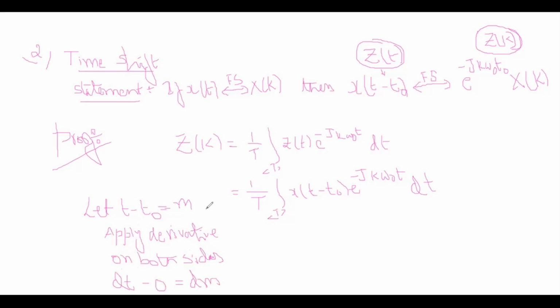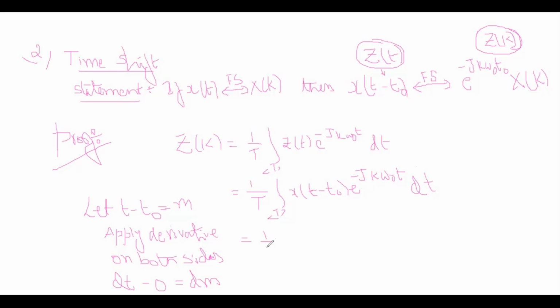Because t and m both are variables; now I am changing the variable t to m. And the limits are the same. There is no change of limits because from minus infinity to infinity, whatever t is there, here m is also the same.